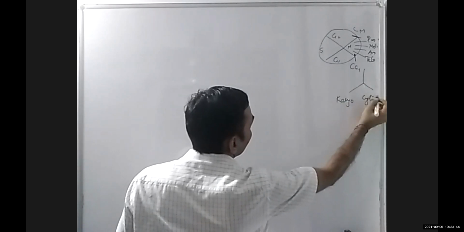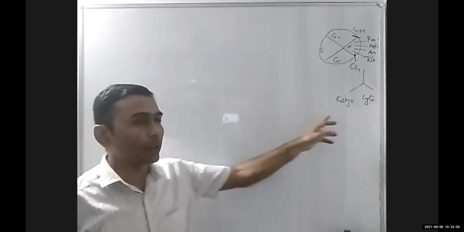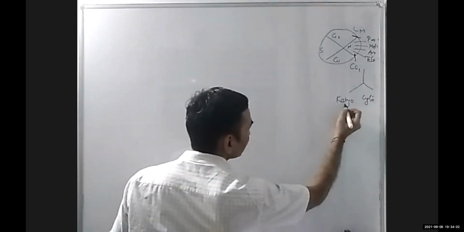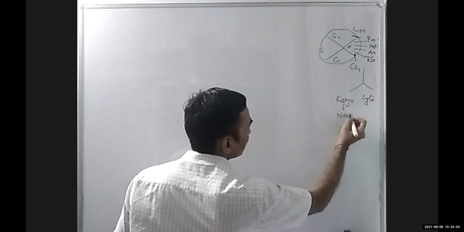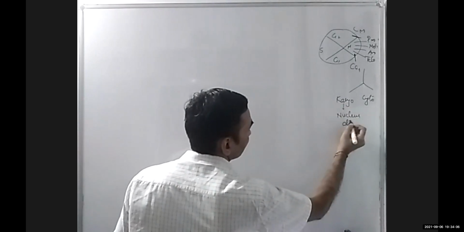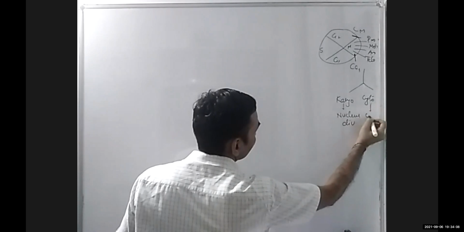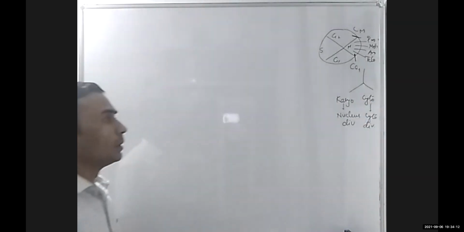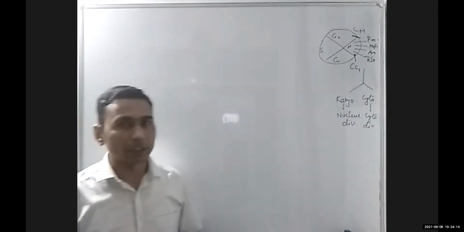What is karyokinesis? Karyo means nucleus. And what is cytokinesis? Cytoplasm division. Very good. So all this discussion we had done.